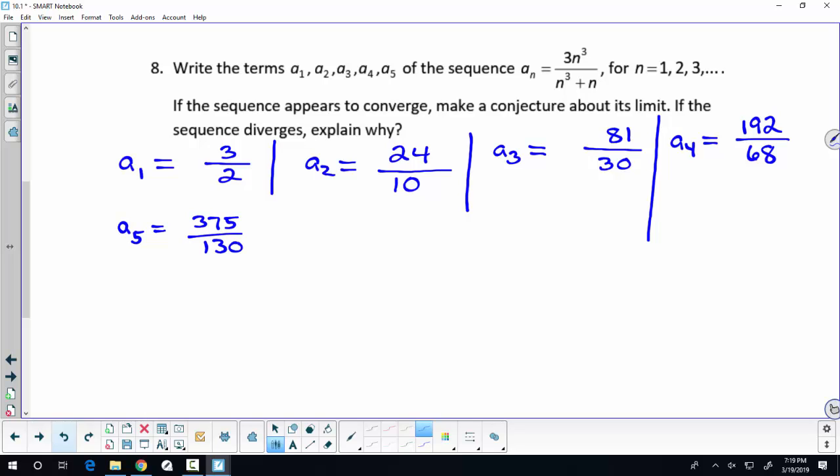So now if we're looking at those, wondering if it converges or diverges, it probably makes more sense to look at them as decimals. So that's 1.5, 2.4. What's 81 over 30? 2.7. 192 over 68: 2.82. And 375 over 130: 2.88.